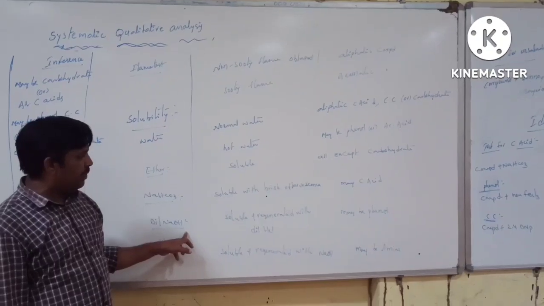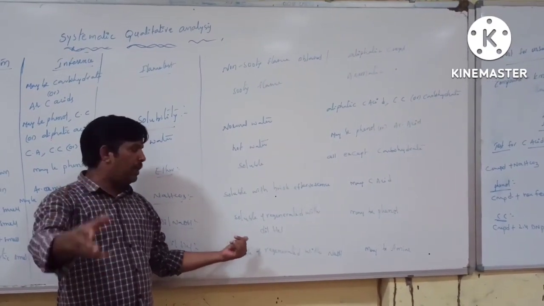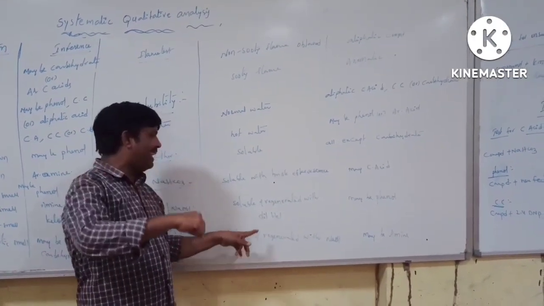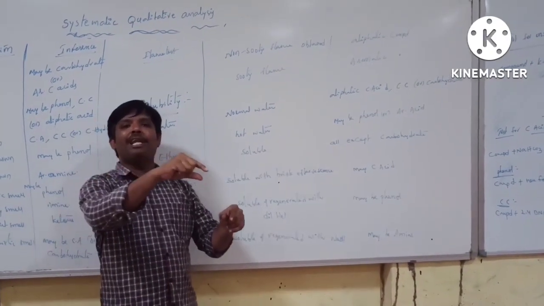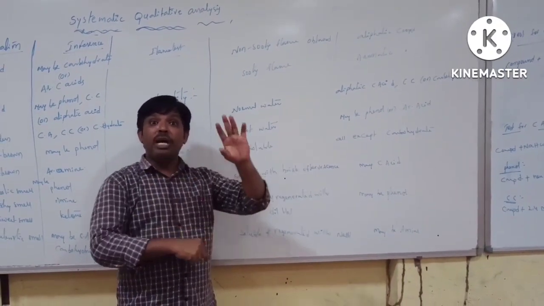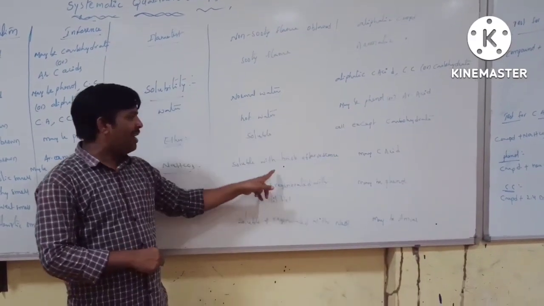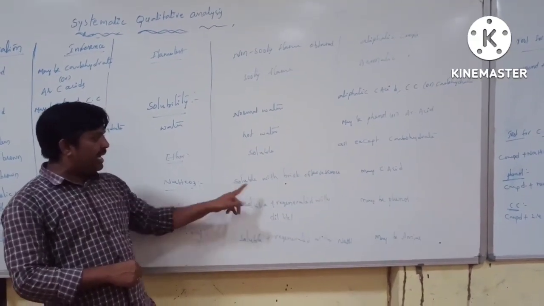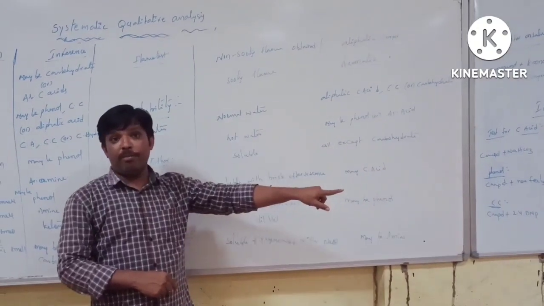Dilute NaOH. When the compound dissolves in dilute NaOH and is regenerated with dilute HCl, that is called regeneration, meaning the compound is formed again. If it is soluble in NaOH and regenerated with dilute HCl, maybe it is phenol.